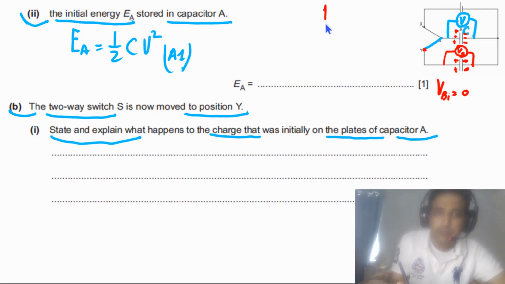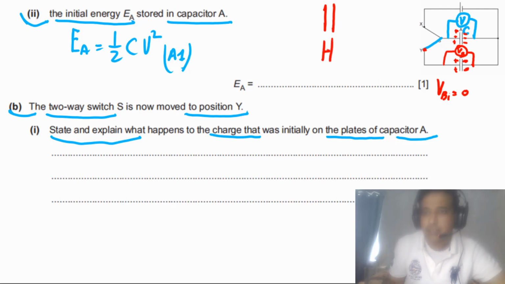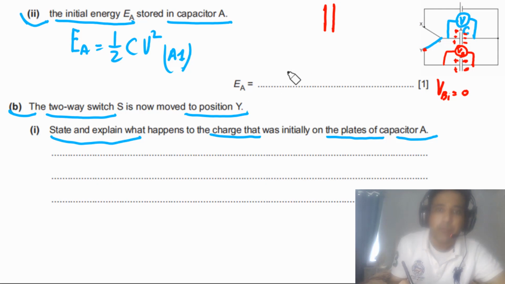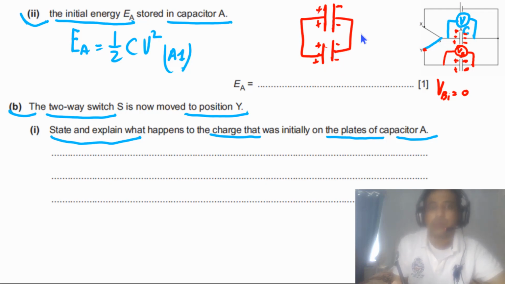So if the positive plate is connected with the positive plate, the capacitors are in parallel. If we have an arrangement like this, let's say we have positive charge here, positive charge here, negative charge here, negative here, in this arrangement capacitors are in parallel.